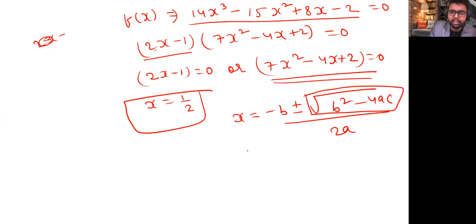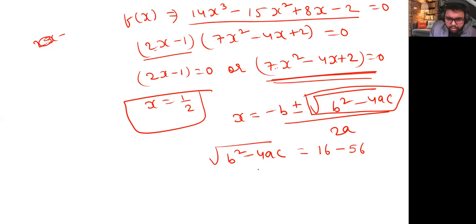Let us find b square minus 4ac for this part. b square is minus 4 square, which makes 16, and minus 4ac means minus 4 times a, where a is 7 and c is 2. 7 and 4 make 28, times 2 is 56, and here it was a minus symbol.